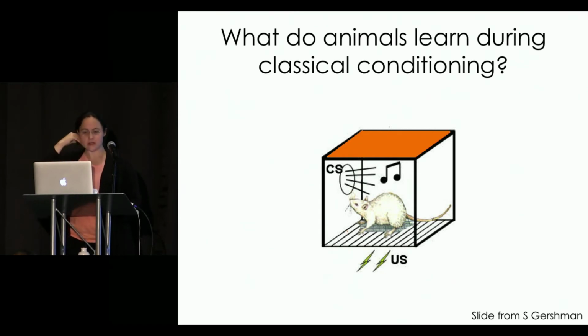And so the question is whether it's this tone that's the state that's relevant for learning here, or whether it's something else, what they learn.